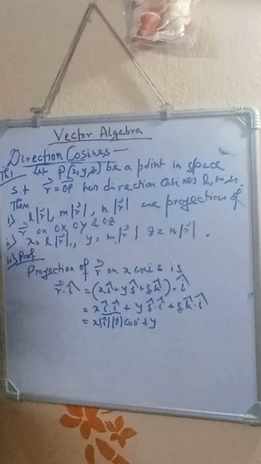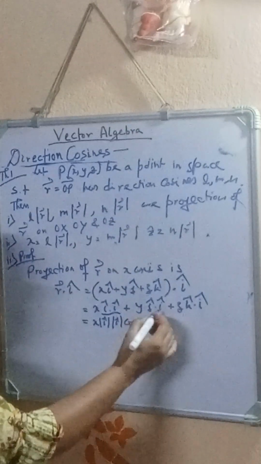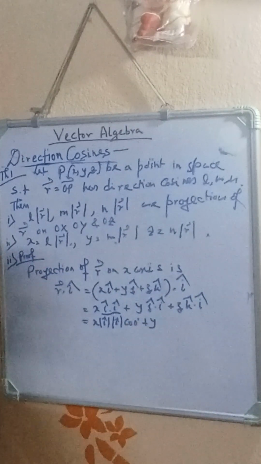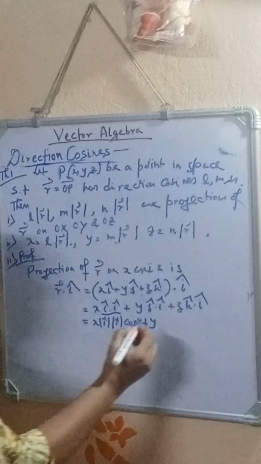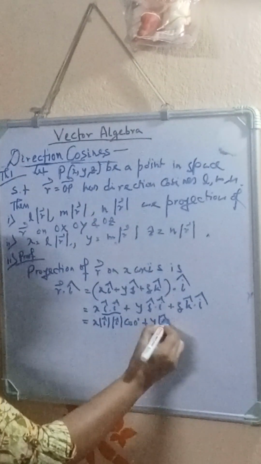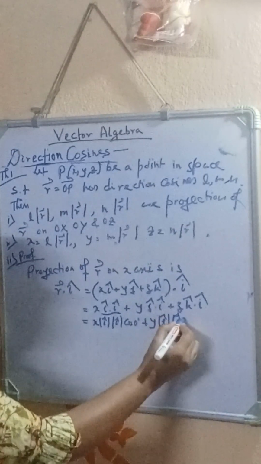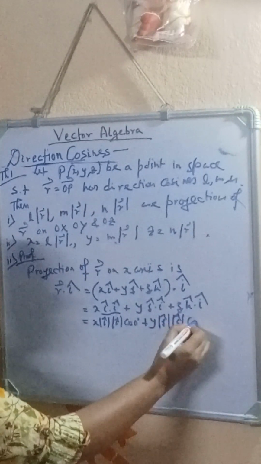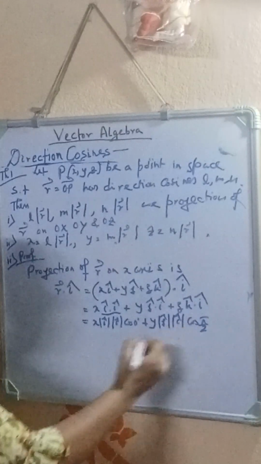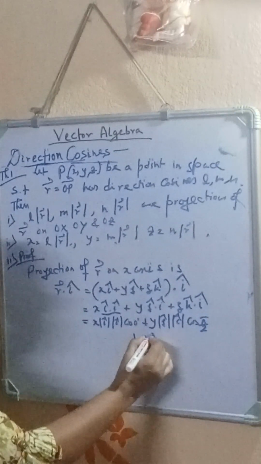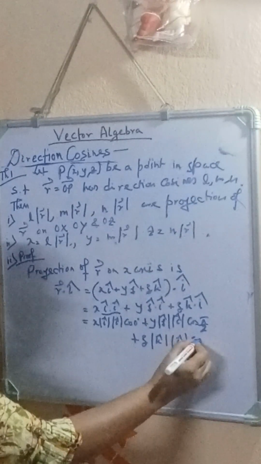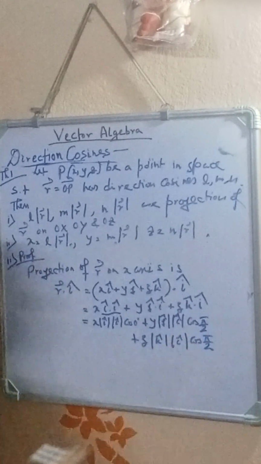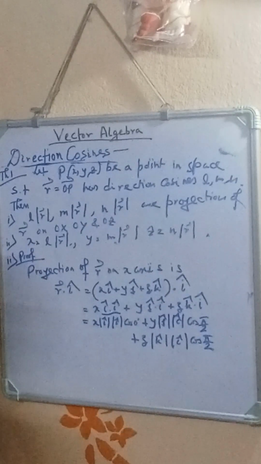Next, y j cap dot i cap. The angle between OX and OY is pi by 2. Therefore, y |j cap||i cap| cos pi by 2 plus z k cap dot i cap, cos pi by 2, the angle between OX and OZ.